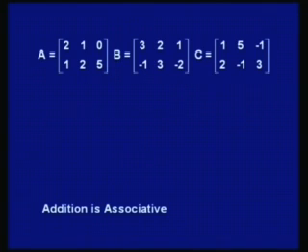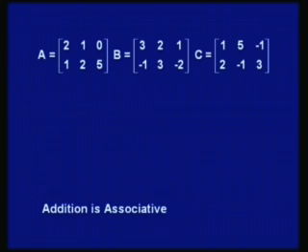This example is shown to illustrate that the addition is associative. So, I have taken a 2 by 3 matrix A: 2 1 0 in the first row and 1 2 5 in the second, B matrix as again a 2 by 3 matrix consisting of 3 2 1 in the first row, minus 1 3 minus 2 in the second row, and C matrix as 1 5 minus 1 in the first row and 2 minus 1 3 in the second.